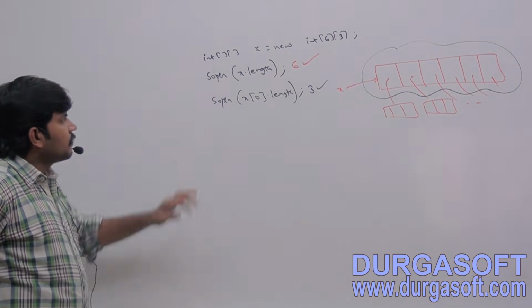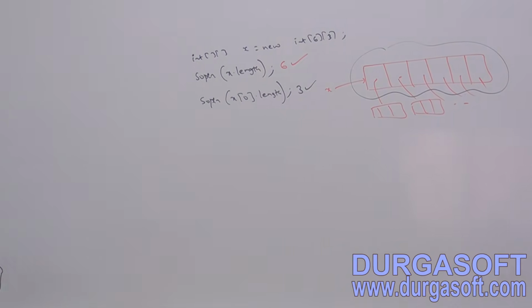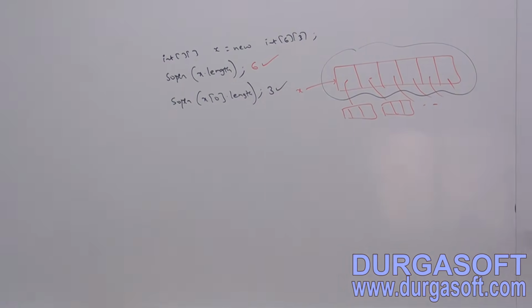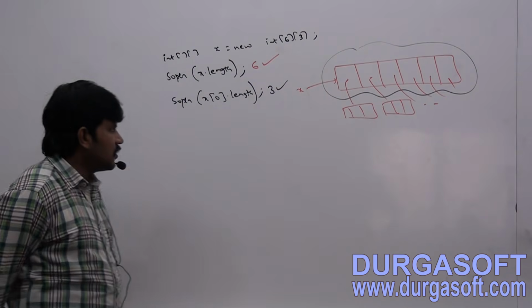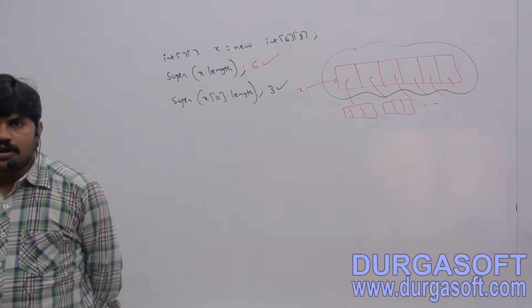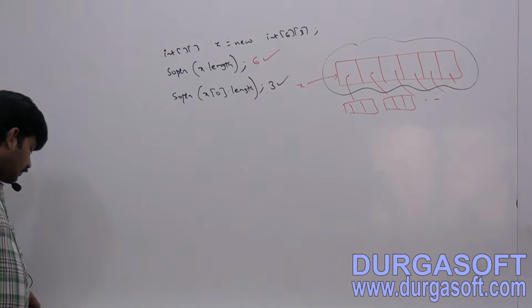Take this example. Two-dimensional array X is equal to new two-dimensional array of 6, 3. SOP of x dot length. The answer is 6. SOP of x of 0 dot length. Its value is 3.